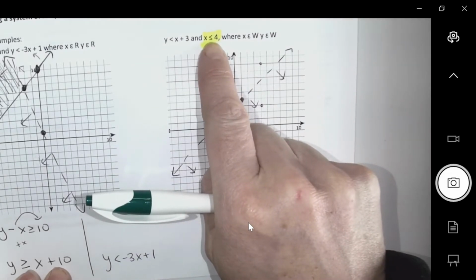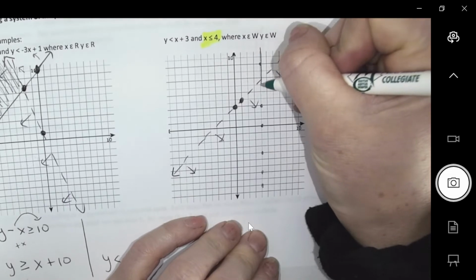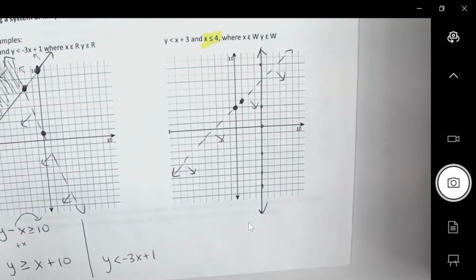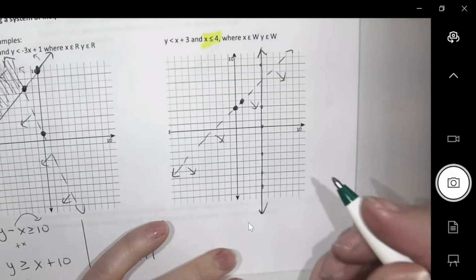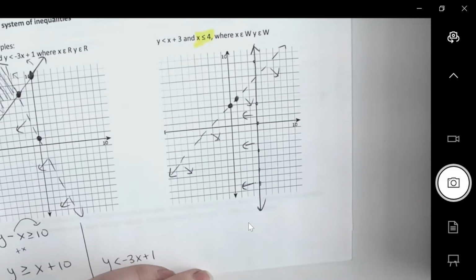And this says or equal to. So I'm going to draw that line in solid. And it says less than. So I have to be below that line.